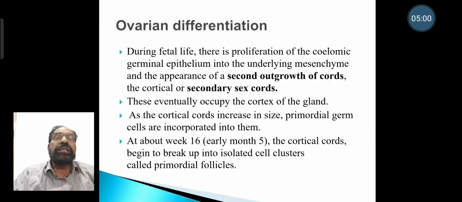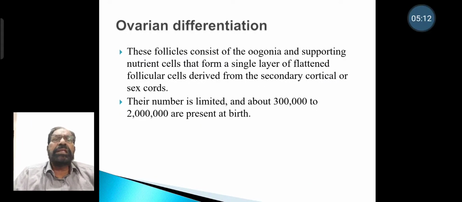By about week 16, the cortical cords begin to break up into isolated cell clusters called primordial follicles. These follicles consist of oogonia and supporting nutrient cells that form a single layer of flattened follicular cells derived from the secondary cortical or sex cords.